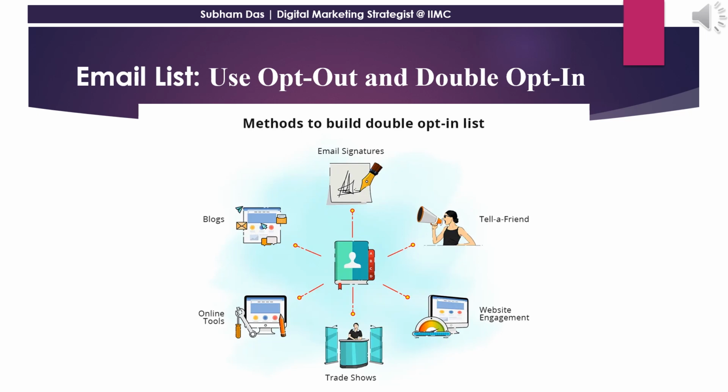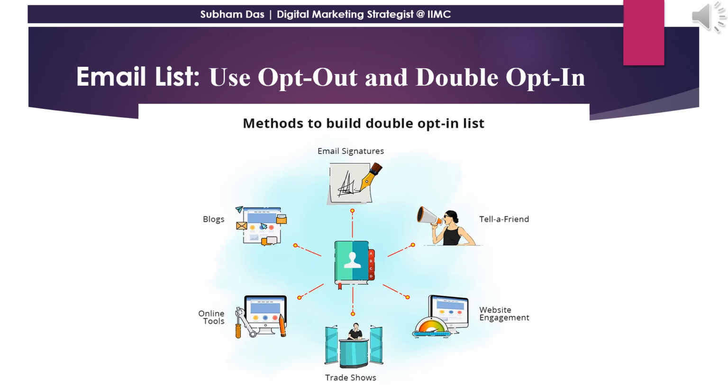Now sometimes what happens is you send an email or people are attracted via your email signature or blog or some online tools or trade shows websites or via friends reference.